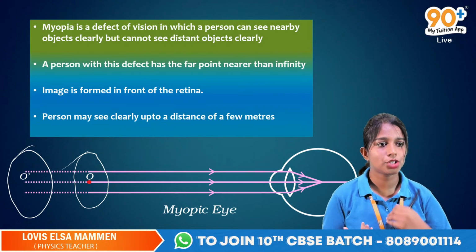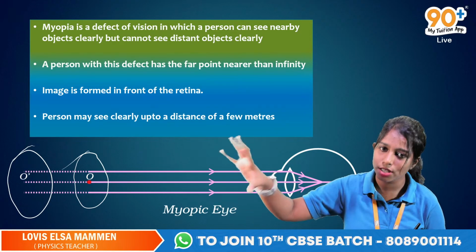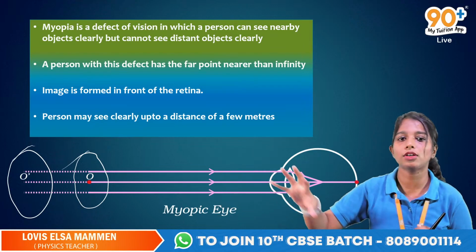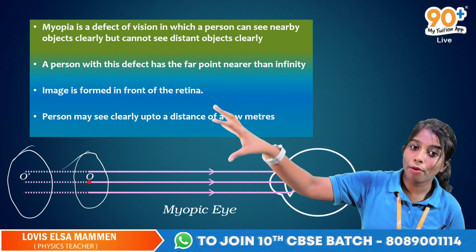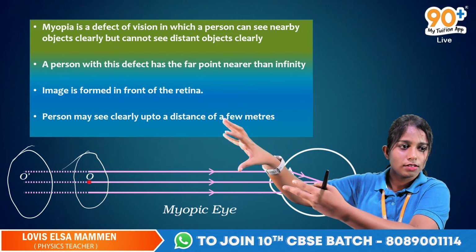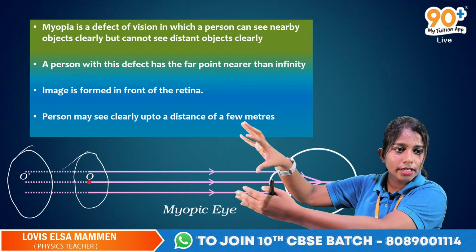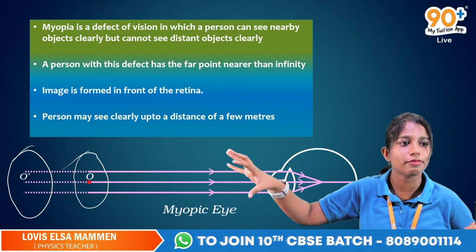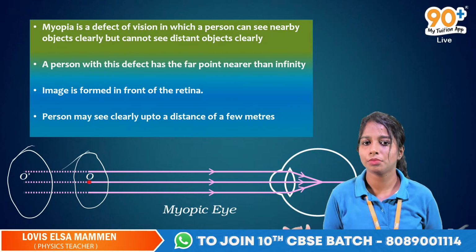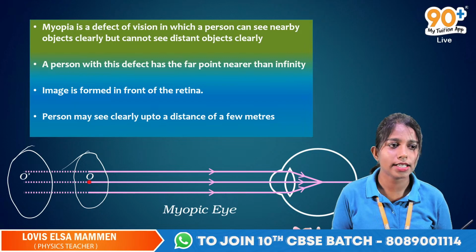So in the case of short sightedness, he or she can see the things which are kept nearer to her. But because the far point has changed, normally the far point is at infinity, but in this case it is nearer than infinity, so distant things are difficult to see. Got it?